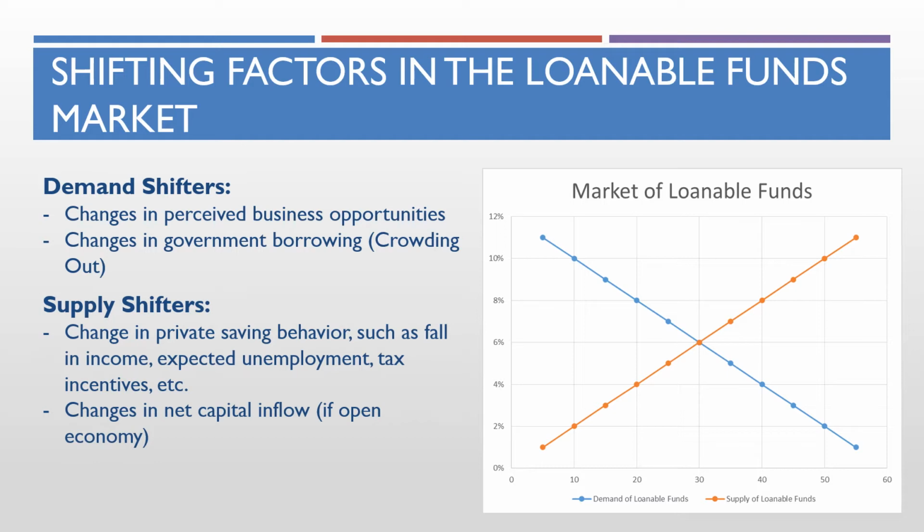It really depends on the situation. Or maybe unexpected or expected unemployment. When people see friends getting laid off and worry about their future, they're getting paid the same right now, but they worry that in a couple of months they might lose their job, so they will start saving more.